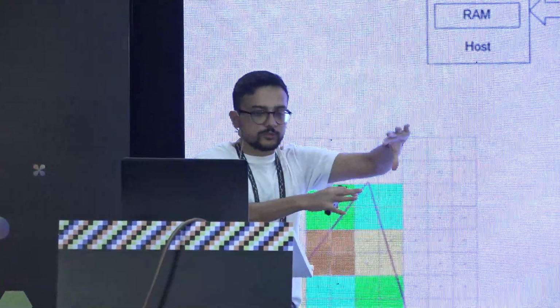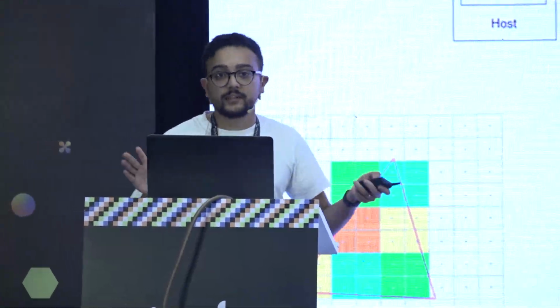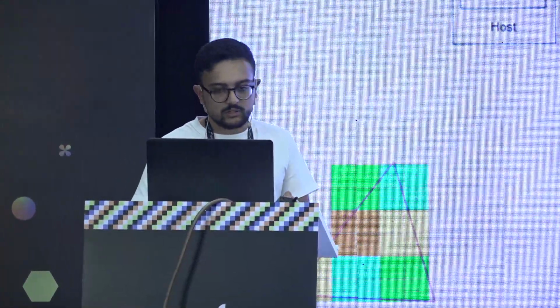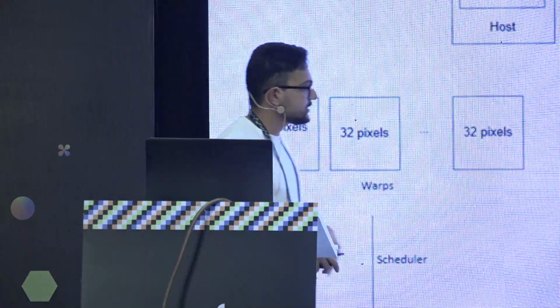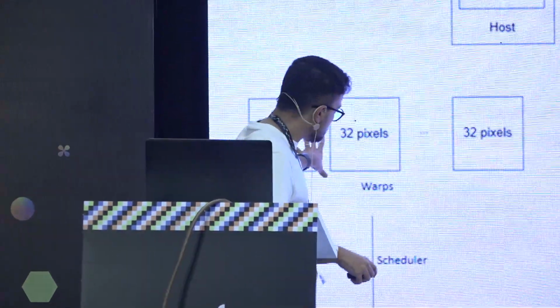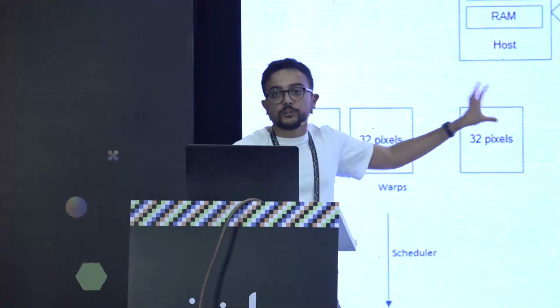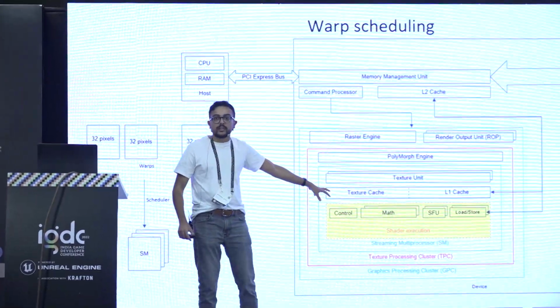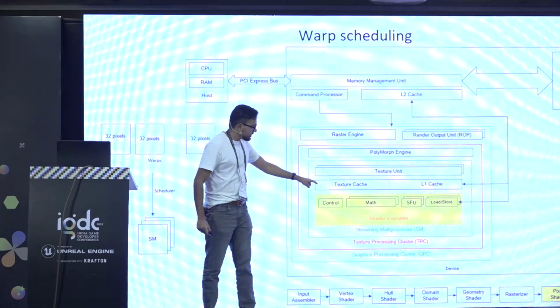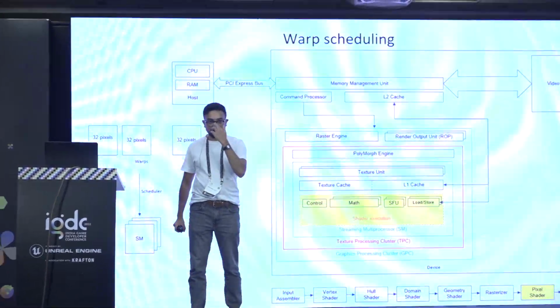So, groups of 32 pixels, and they just sit there waiting to be scheduled. So this is warp scheduling. What happens is the GPU scheduler now will pick up one of these 32 pixel bundles and will send them to the SM. So now your pixel shader runs. So this is the second programmable part of the pipeline.